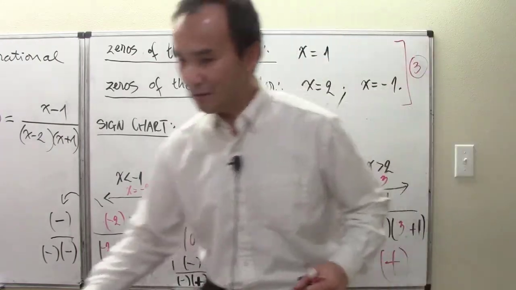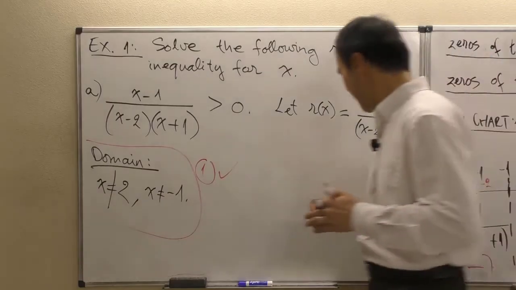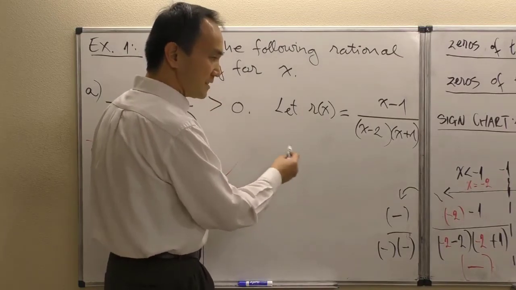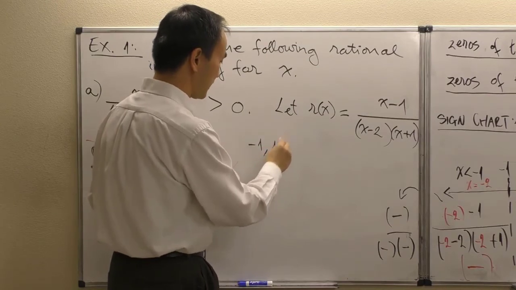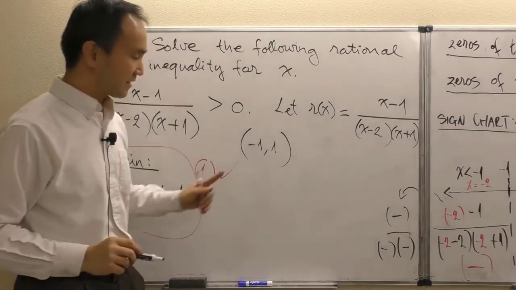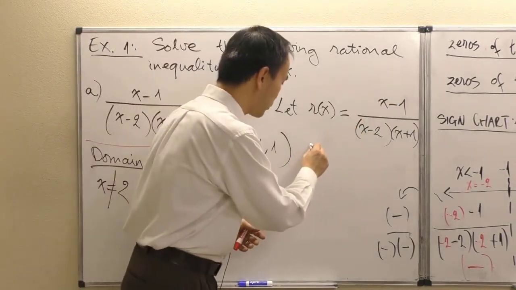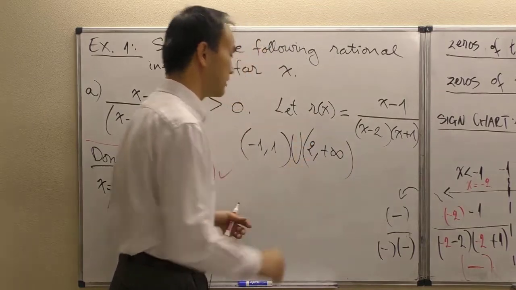Okay, so now here's how we write our final answer. Anywhere between -1 and 1, that's one interval. And then we had another one anywhere above 2, so anywhere between 2 and positive infinity. That's another one, and we use a union between them.